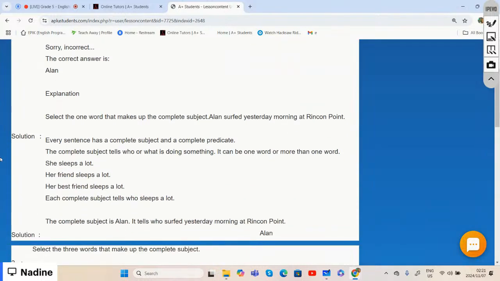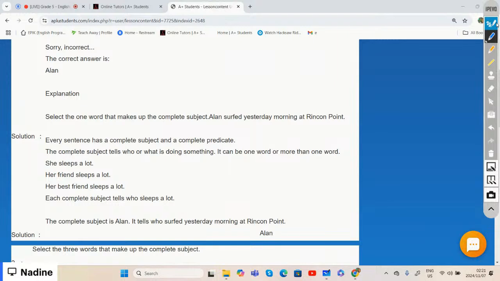All right, and once again, we said that every sentence has a completed subject and it has a completed predicate, right? And our complete subject tells us either who is doing something or what is doing something. And our subject can either be one word or more than one word.